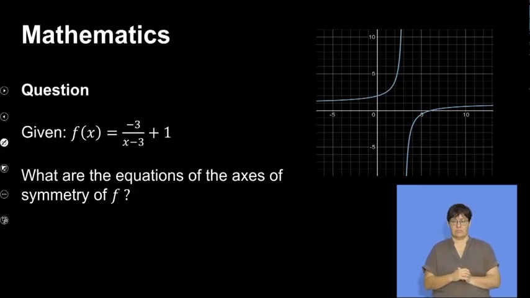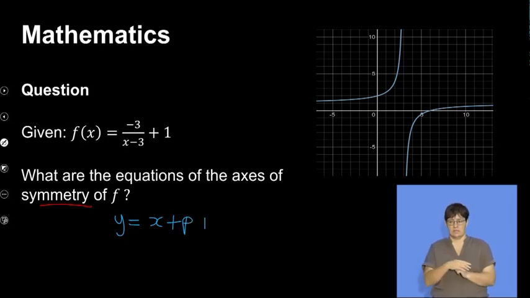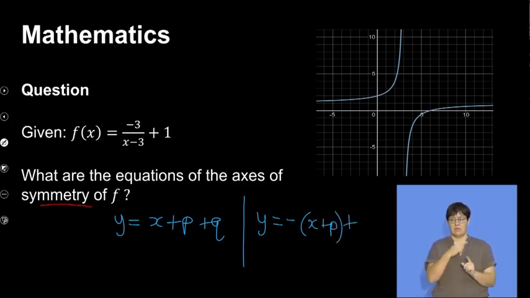And then what are the equations of the axis of symmetry? Remember, the axis of symmetry has to do with finding the line that cuts the graph into two halves. So we normally use y equals x plus p plus q, right? So that's the first one, and then the second one is normally y equals minus x plus p plus q, right?